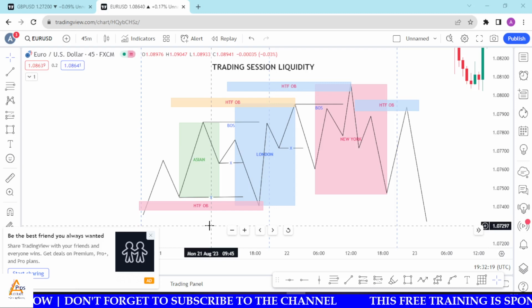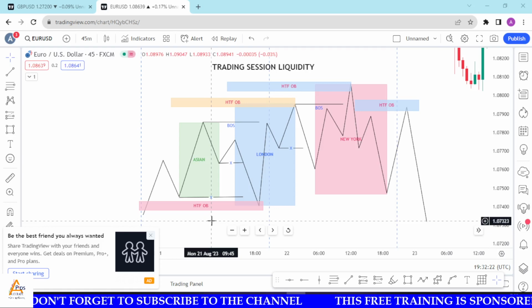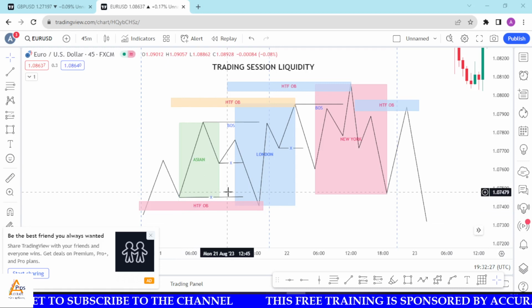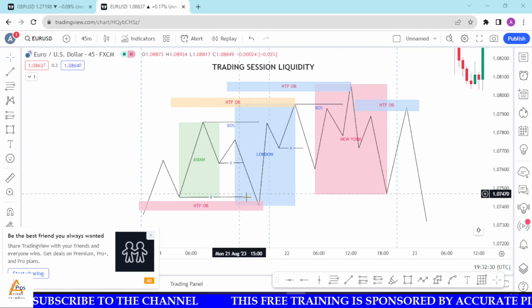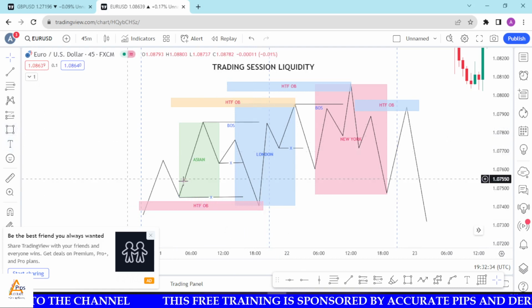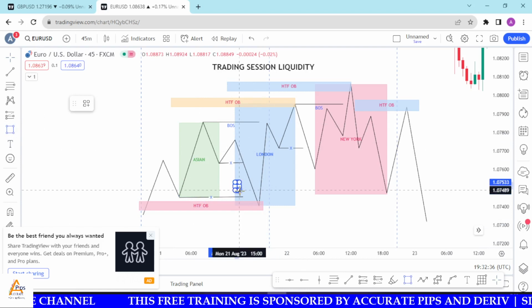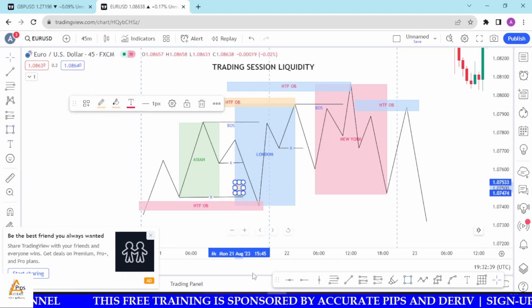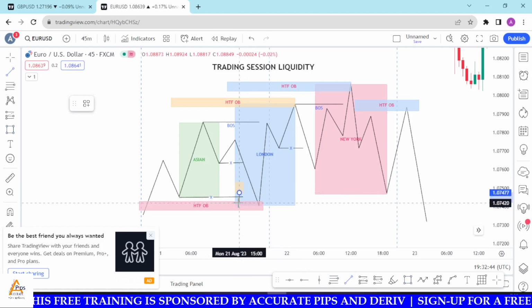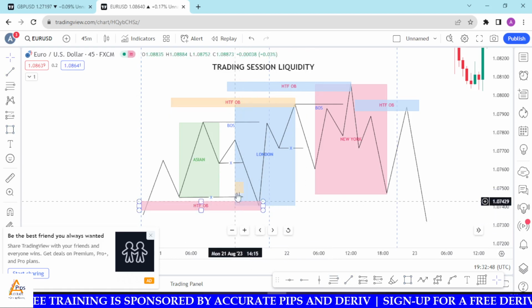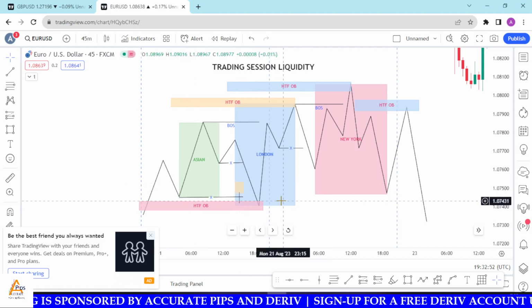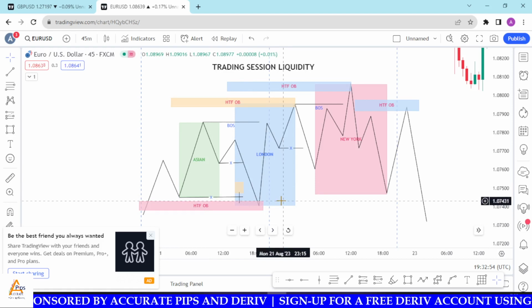Now, if the market breaks the session low and then sweeps, so the market breaks here and then sweeps below it. If I say sweep, by this time I expect you to understand what I mean by sweep. So let's say the candle looks like this, and then the wick comes below and sweeps, and the body closes above this low. Once that happens, all you need to do is quickly move down.